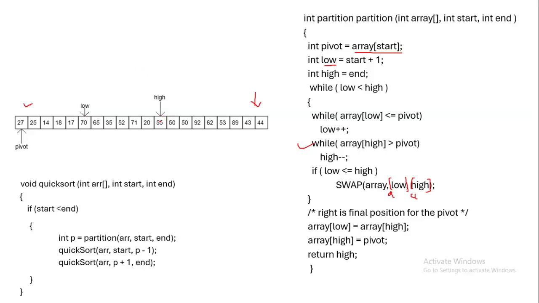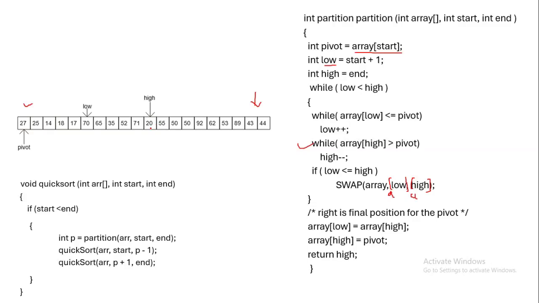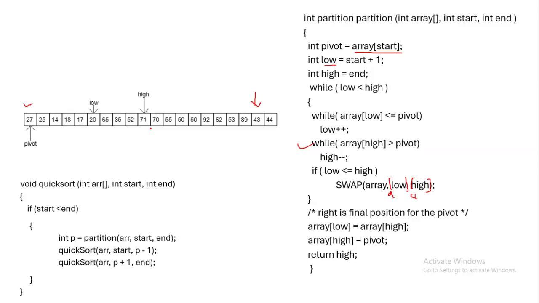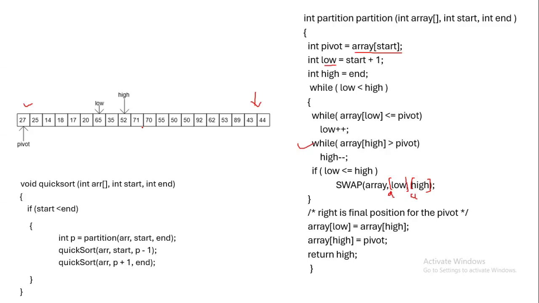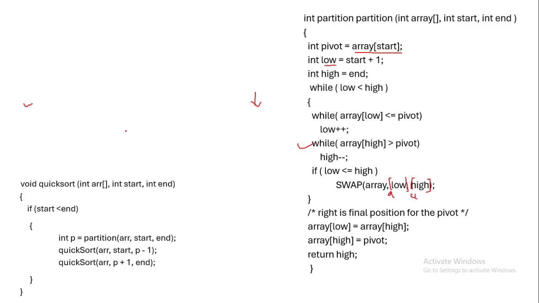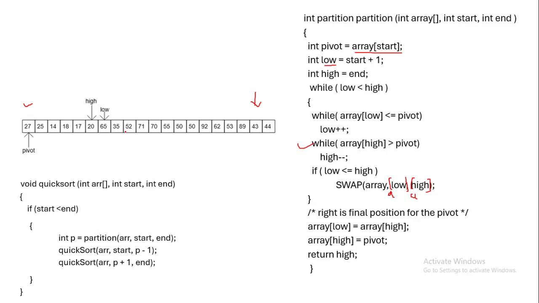So this high is now getting decremented, it will point to 20. 20 is less, so decrement high. 71 is greater, so decrement high. After this, 52, decrement high. 35 is also less than 27, decrement high. Now 65 is also greater, decrement high.